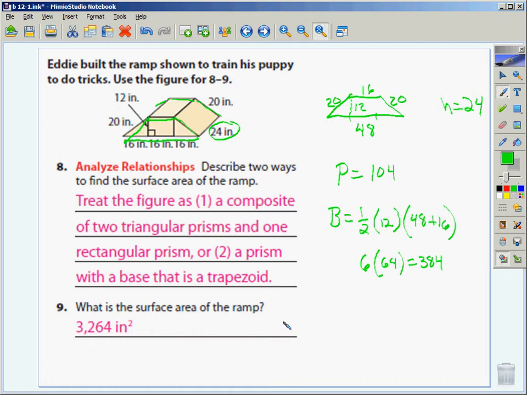It says pH, so I'm taking 104 times 24 plus 2 times 384. 24 times 104, 2,496. 384 times 2, 768.